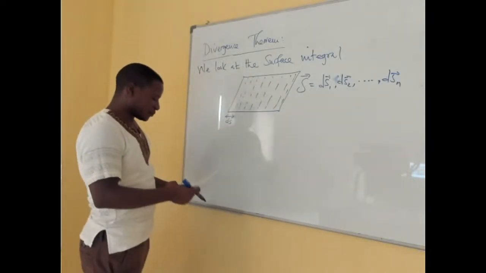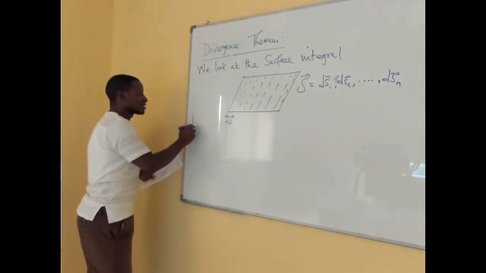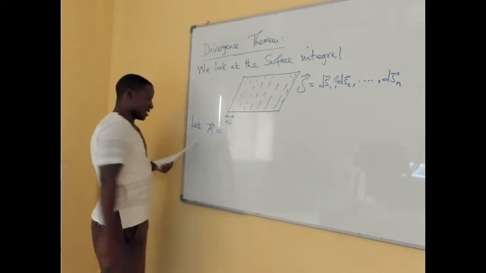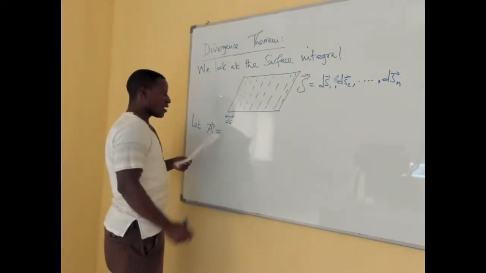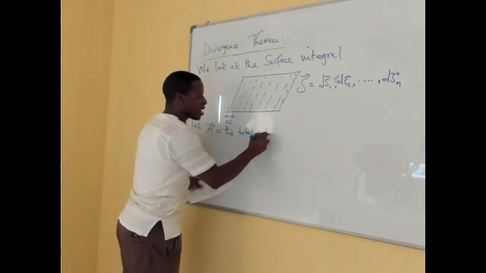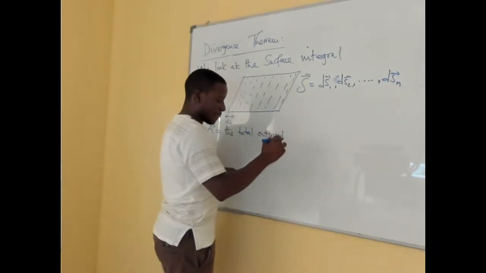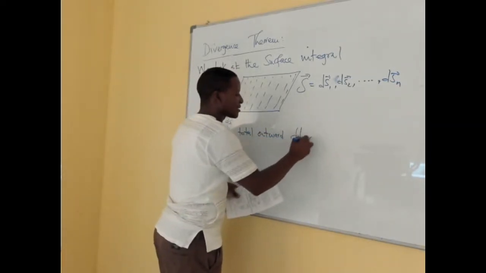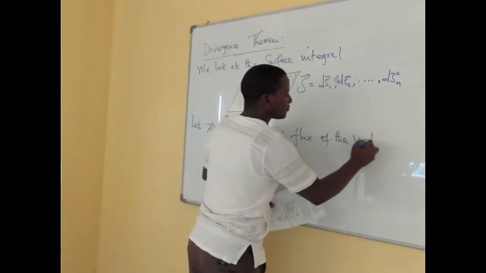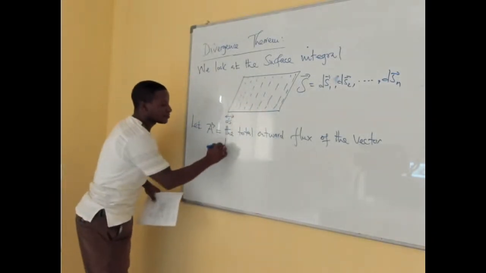Now, in this case, let A be the total outward flux of the vector through the surface.